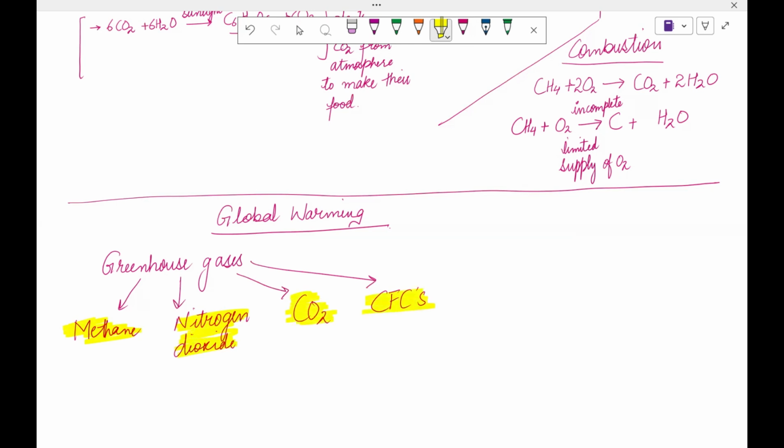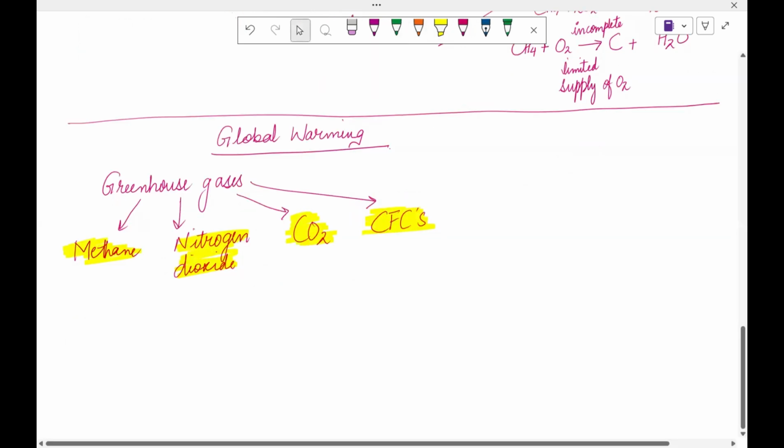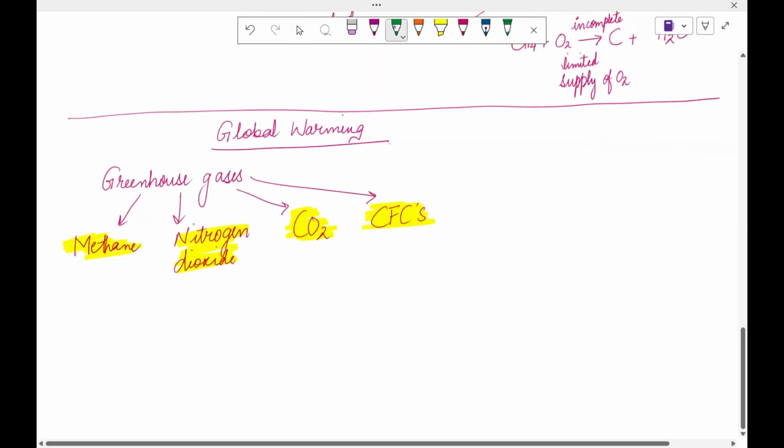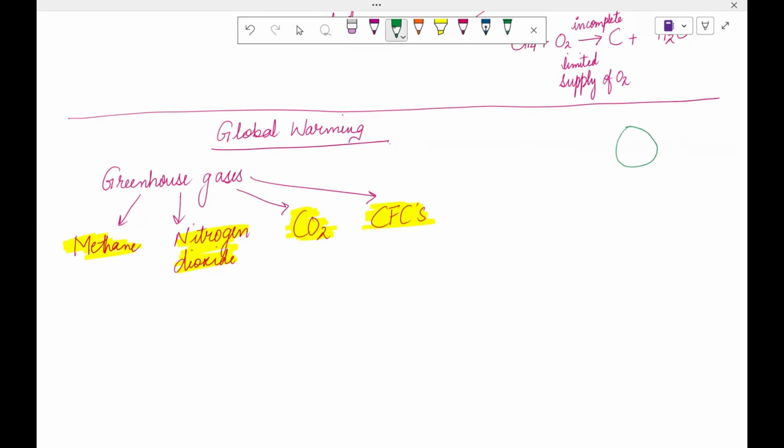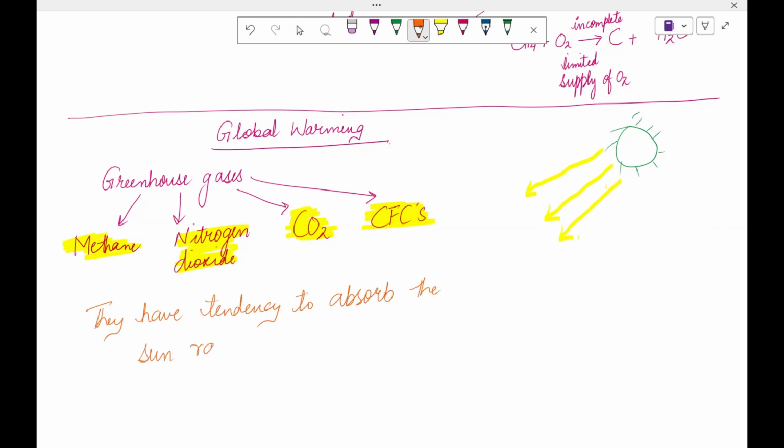Because of their presence, they have the ability that when the rays are coming from the sun, these gases have the tendency to absorb the sun rays which are coming from the sun.